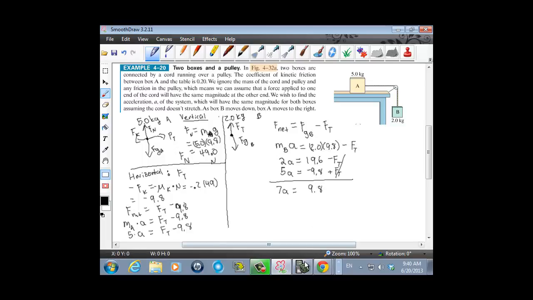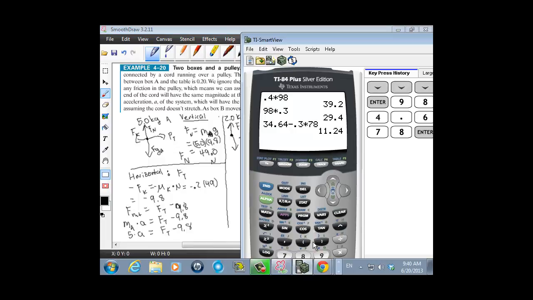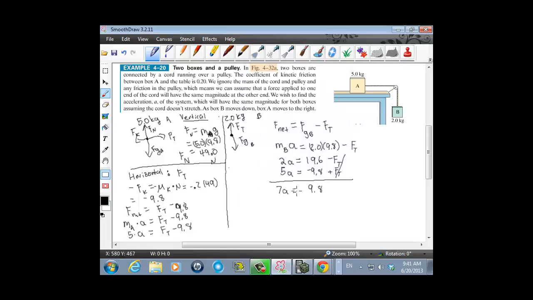So 9.8 divided by 7 is 1.4. So A equals 1.4 meters per second squared. What are we looking for? We wish to find the acceleration A for the system. Yay, we did it! Could we find the tension in the cord if we wanted to?